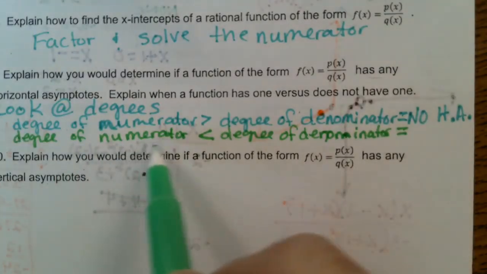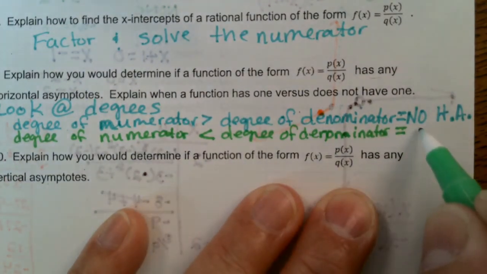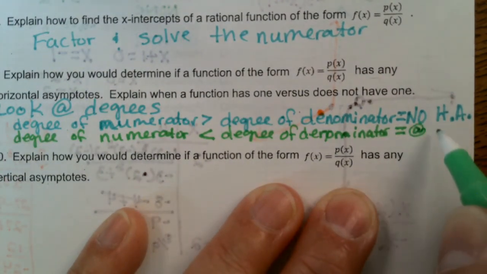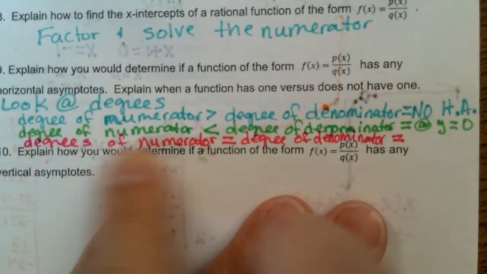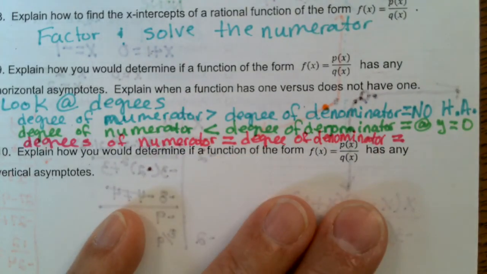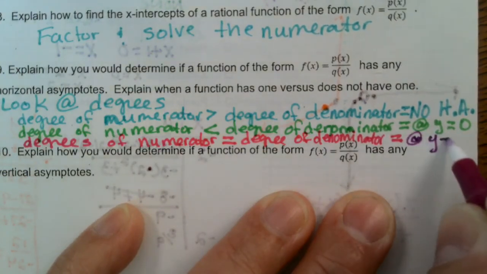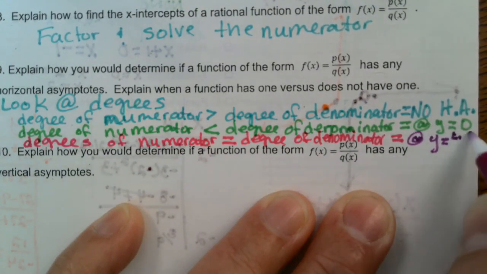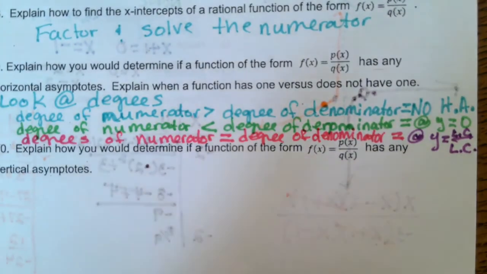If the degree of the numerator is less than the degree of the denominator, the horizontal asymptote is at y equals 0. If the degree of the numerator is equal to the degree of the denominator, then your horizontal asymptote is at y equals the leading coefficient of the numerator over the leading coefficient of the denominator.